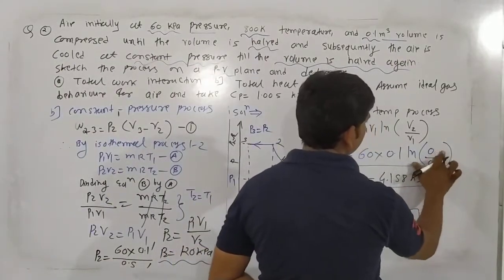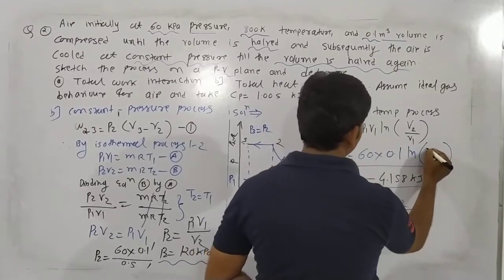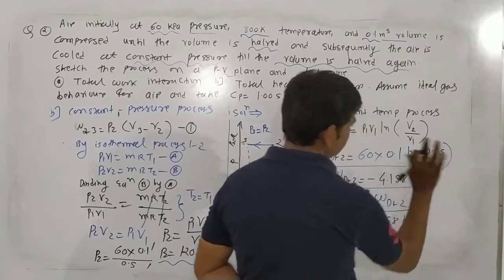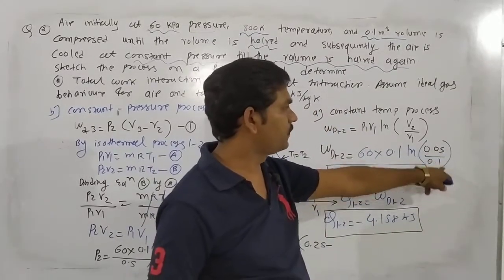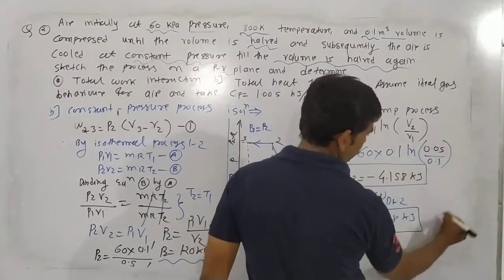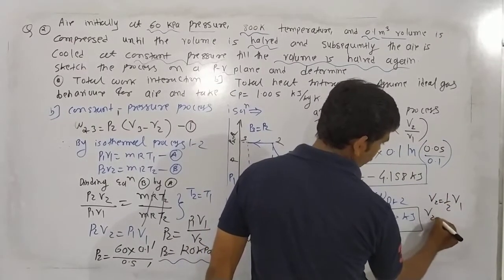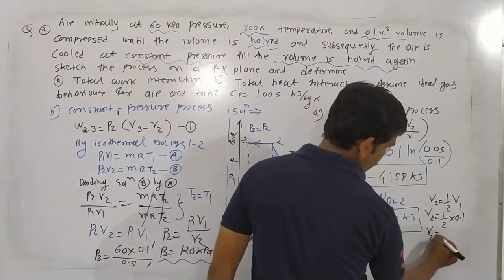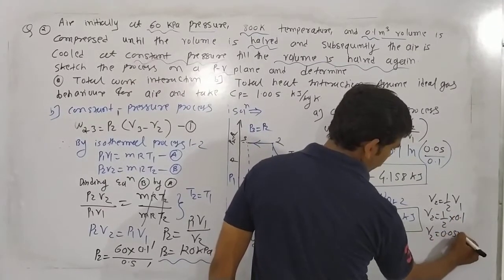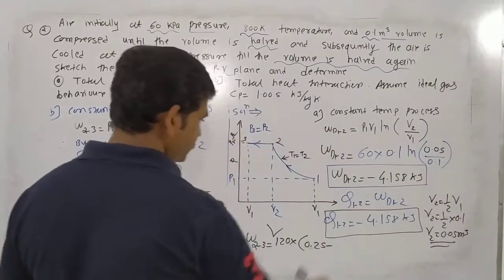There is a change here. V2 is 0.05, you should correct this to 0.05, because V2 is half of V1. So V2 is equal to 1 by 2 of 0.1, so V2 is 0.05 meter cube. You write down in this way. You should correct all these things.